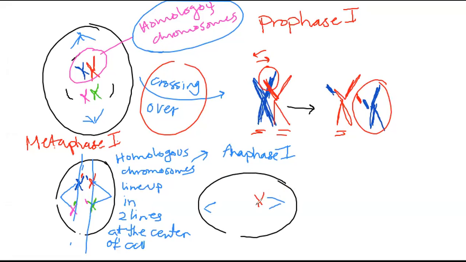Of course the exchange is still there, but it's hard to keep drawing it, so just know it. And the pink one will be here. They just pull a complete chromosome to each side. So here the chromosomes are not separated as we studied in mitosis. Here the chromosome is still replicated, and the one replicated chromosome is pulled to each side.